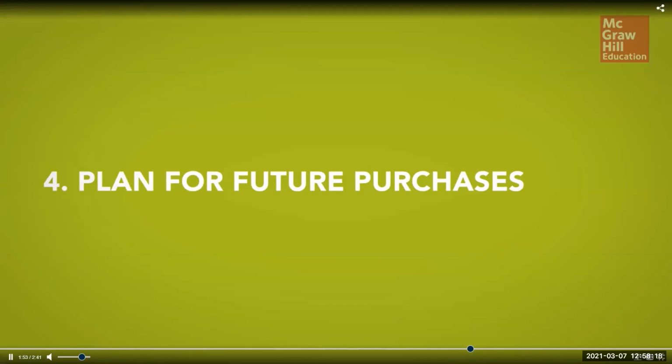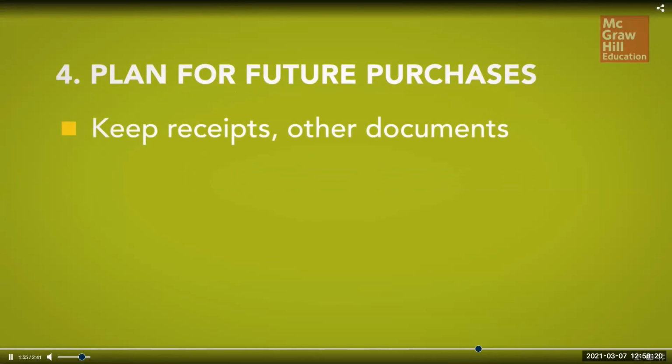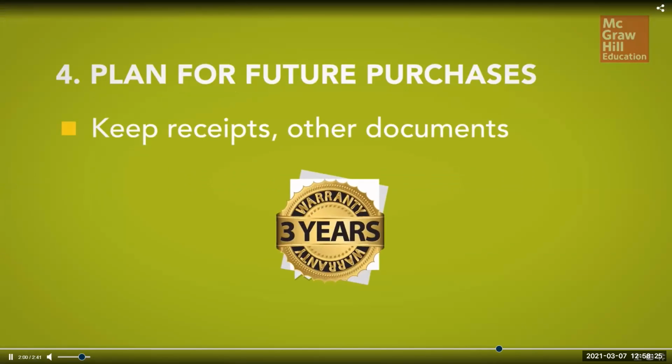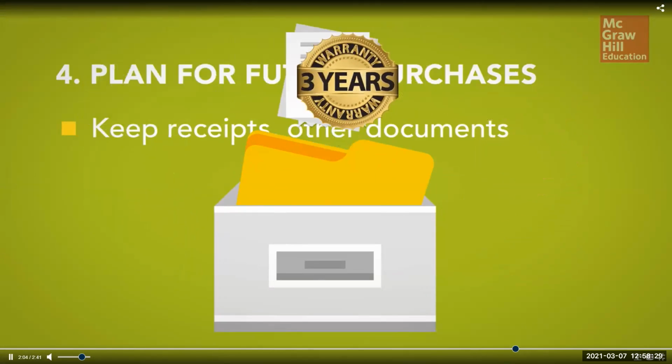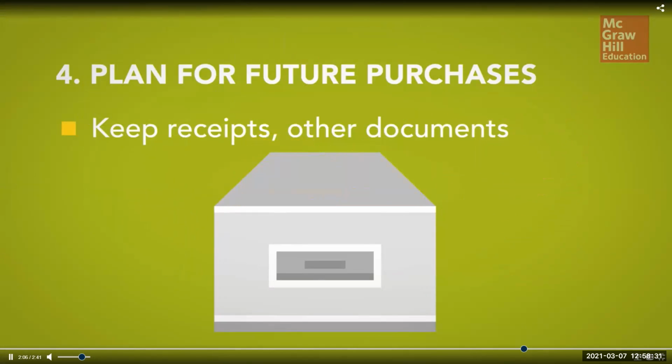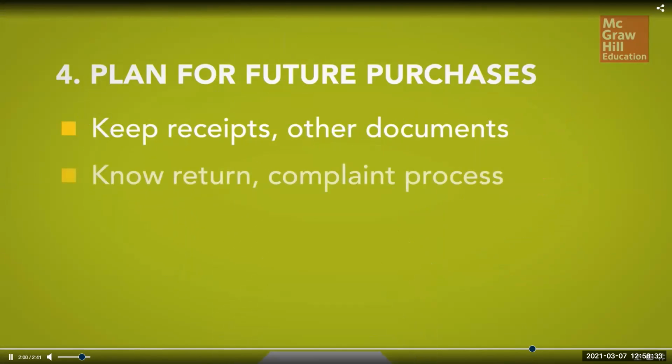Step 4 consists of several smaller steps. First, make sure you keep receipts, warranty information, and other documents for the product or service you purchased. As mentioned in another video, purchase documentation should be kept in your home file. It also helps to know the company's return policy and how to contact the seller and the company that manufactured the product or provided the service if you have a problem.